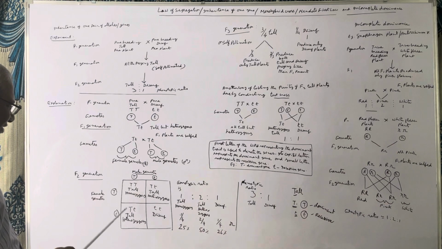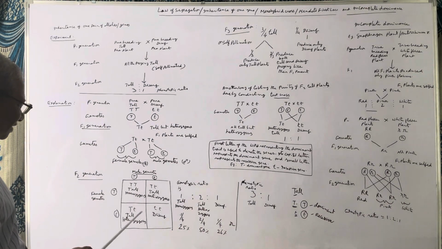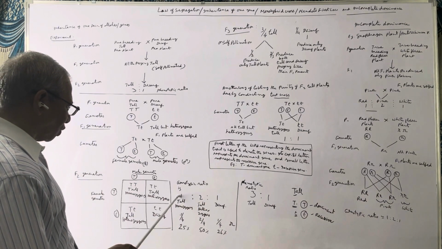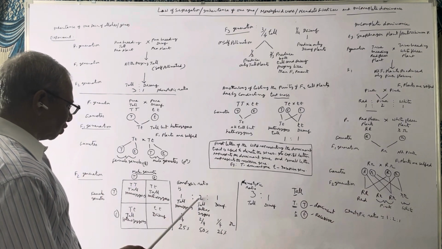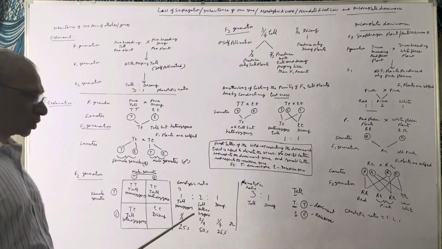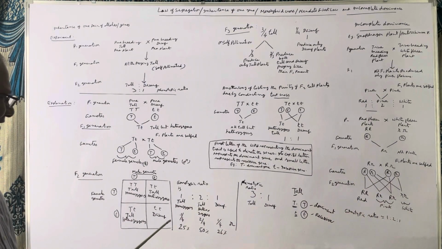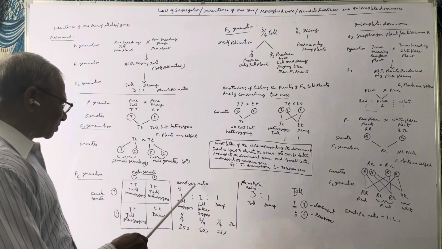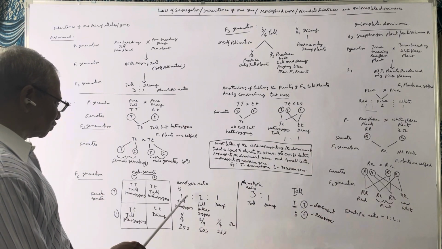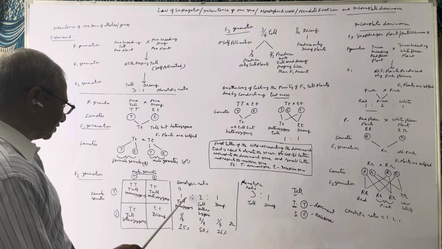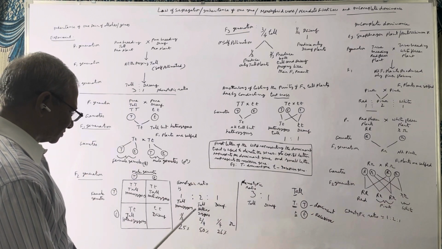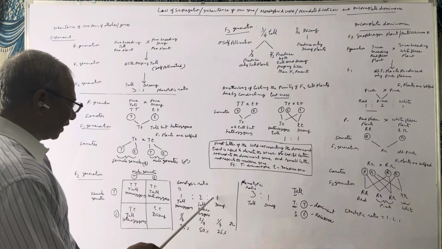So what does this combination result in? It results in production of one homologous tall plant, two heterologous tall plants, and one dwarf plant. This is known as genotypic ratio. So here the genotypic ratio is 1:2:1. That means 1 homologous tall, 2 heterologous tall, 1 dwarf.